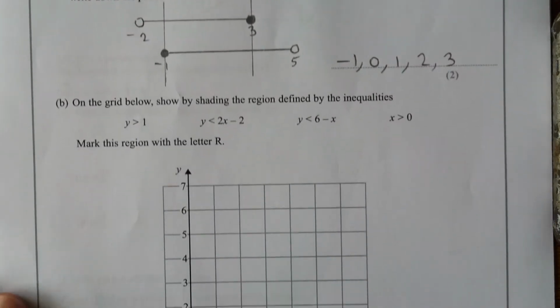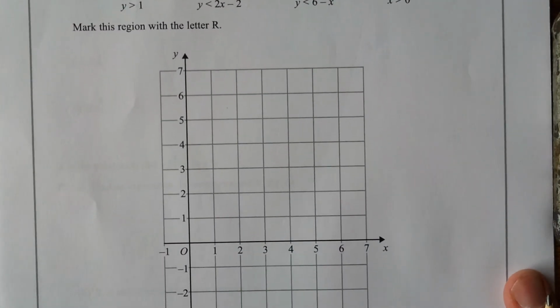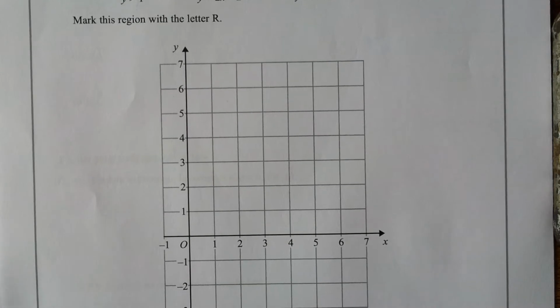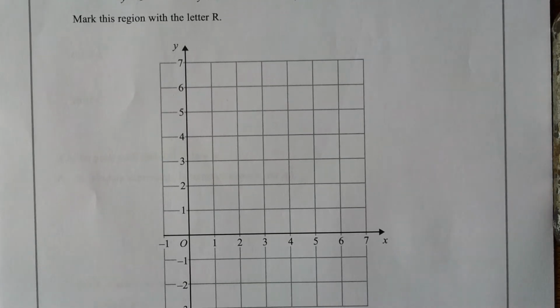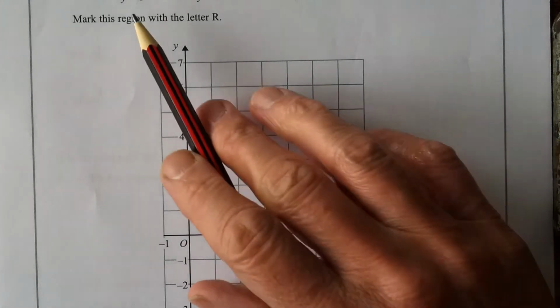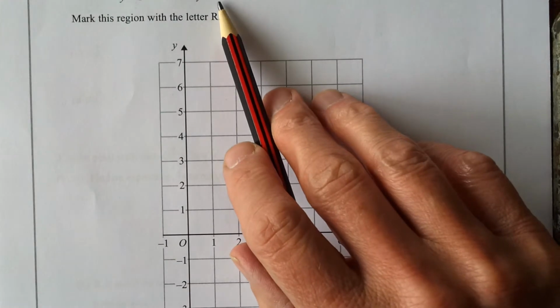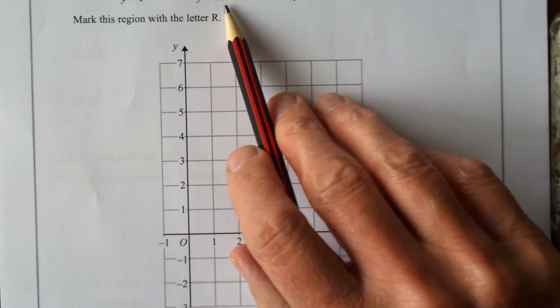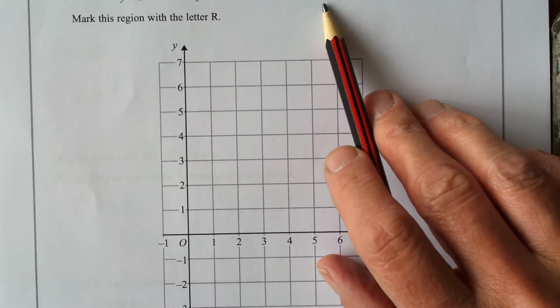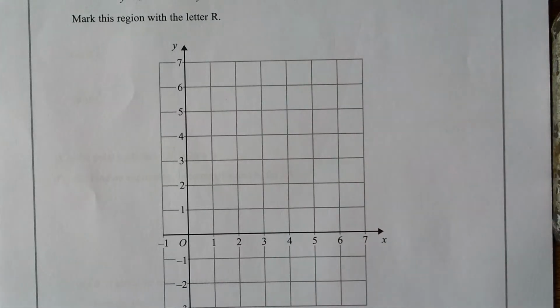Right, let's have a look at part B. Part B says, on the grid below, show by shading the region defined by the inequalities. We've got y is greater than 1, y is less than 2x minus 2, y is less than 6 minus x, and x is greater than 0.